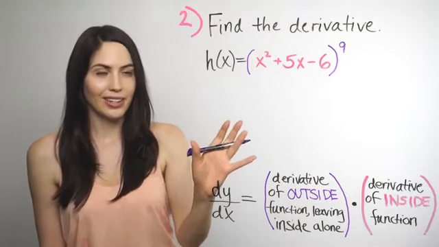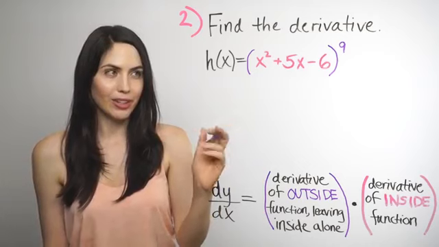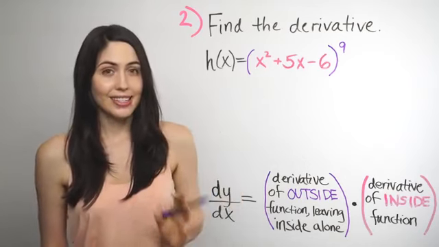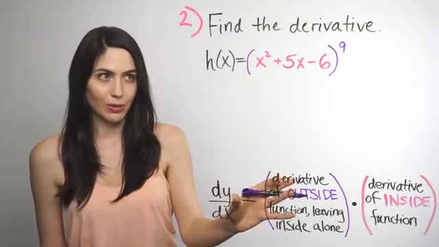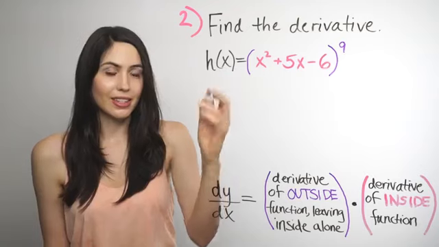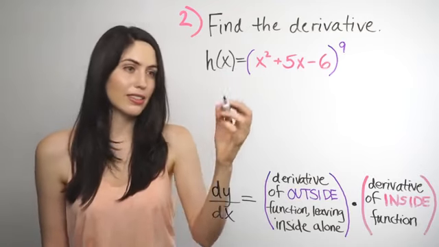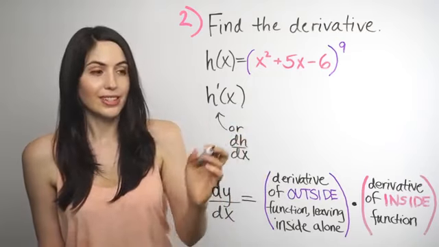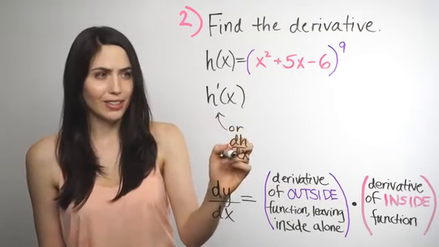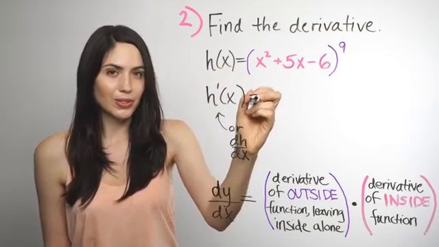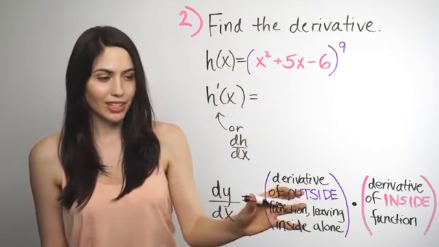So here's another one, more complicated example. What if you need to find the derivative of something like this? It's the same steps as before. Use the chain rule. So we want to find the derivative of h of x or h prime of x. Sometimes that's called dh dx if you see that. But the derivative of h of x, h prime of x equals, let's use the chain rule again.